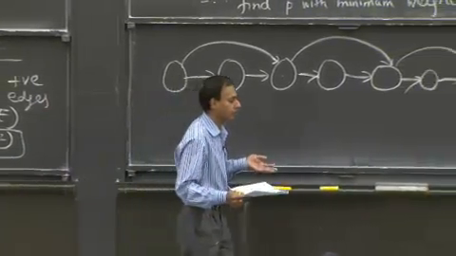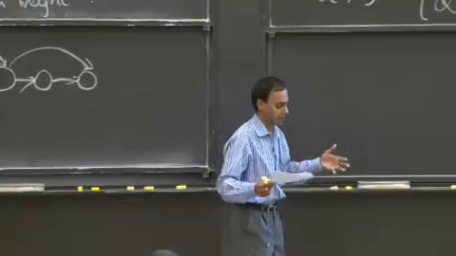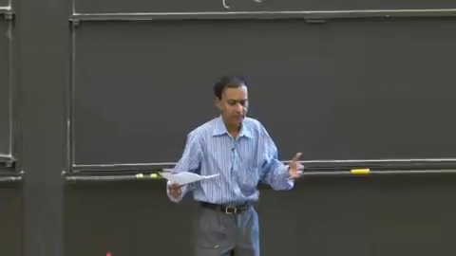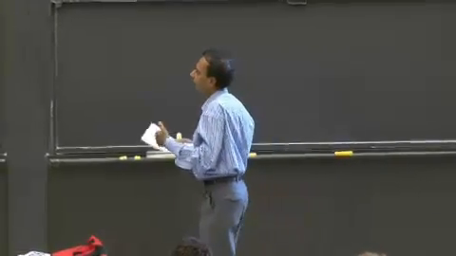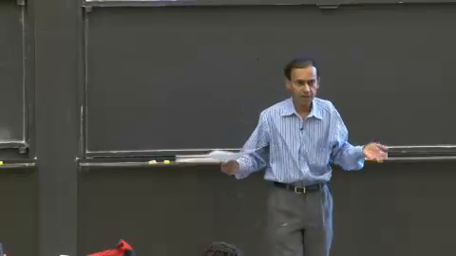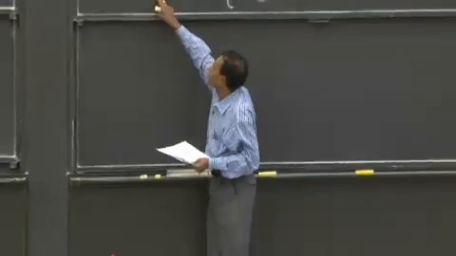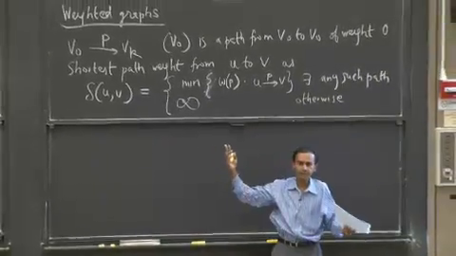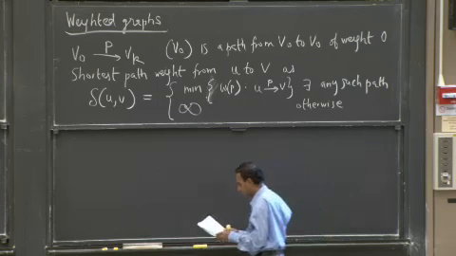And it's quite possible that you may be given a graph where there are particular vertices in your set V that can't be reached from the particular source that you started with. And for those vertices, you're going to have your delta uv. If v is unreachable from u, it will stay at infinity.